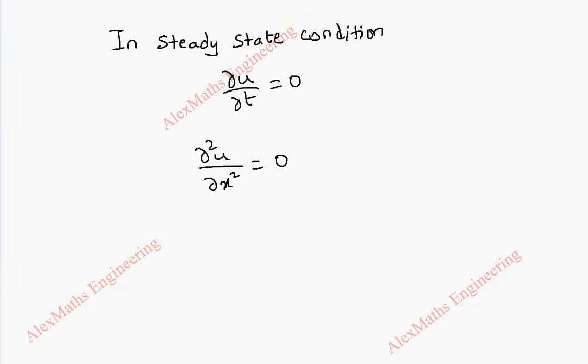Then on integration of this, we get first a constant, then again integration constant into x plus another constant. So directly I am writing the solution. U equal to ax plus b is the solution of this equation. Now I got u and it is a function of x, so it is better if I write u of x, which is ax plus b.